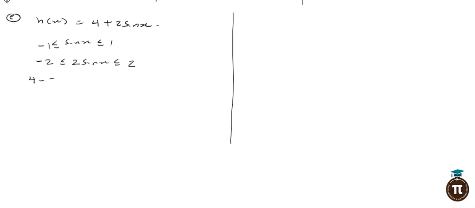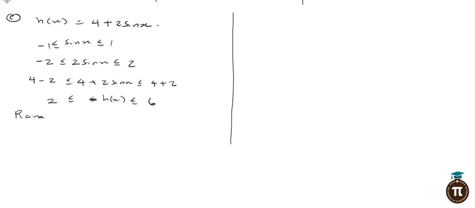When you add 4 here, you have 4 minus 2 less or equal to 4 plus 2 sine x less or equal to 4 plus 2. 4 minus 2 is 2, less or equal to 4 plus 2 sine x, which is h of x, less or equal to 4 plus 2, 6. So that means the range of this value is 2 to 6.